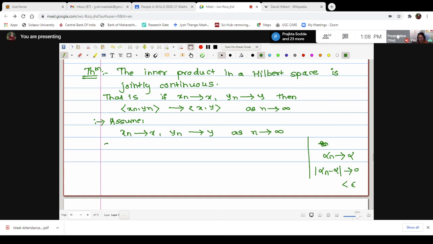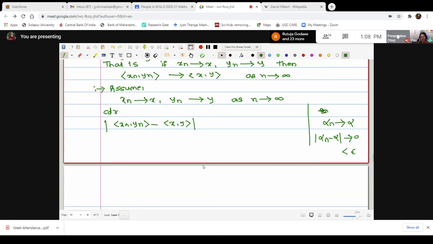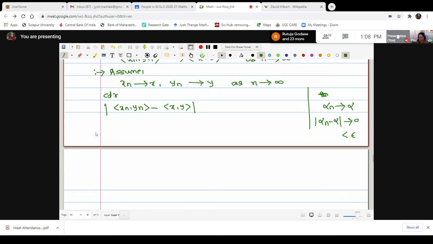Therefore, here we will start with modulus inner product xn with yn minus inner product x with y. And what is the aim? The aim will be to prove either this is tending to 0 or less than epsilon, whichever is convenient to us. Okay. In order to prove the required result, we will make an adjustment here.